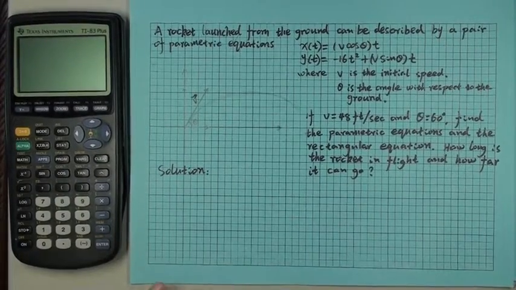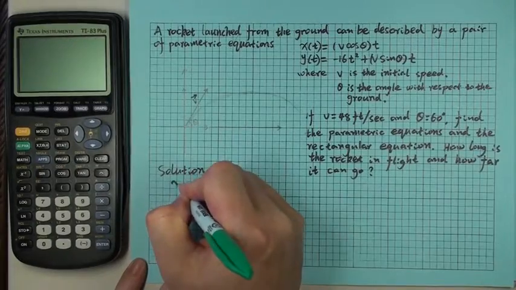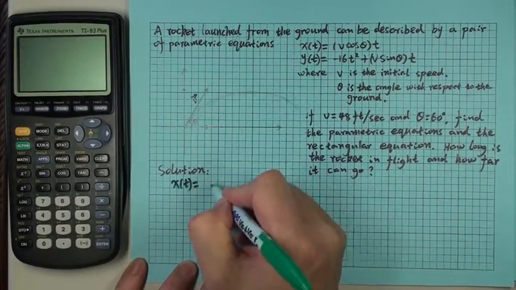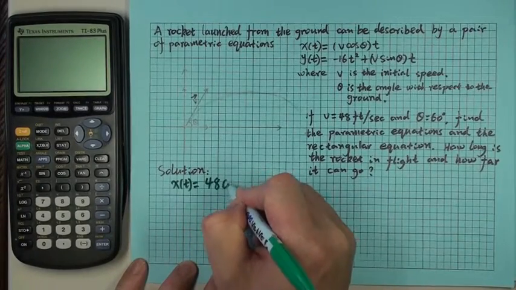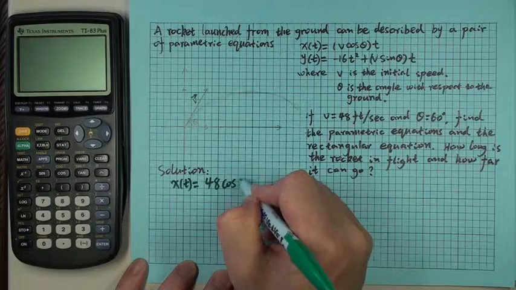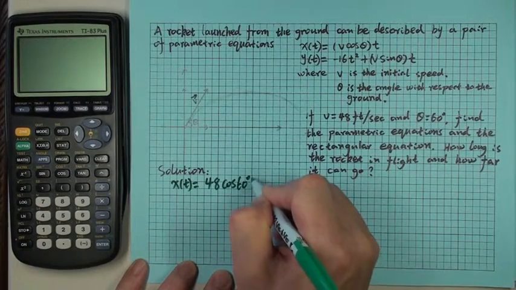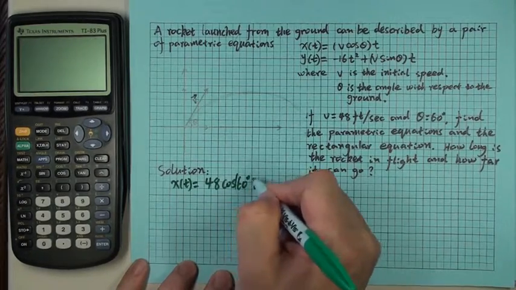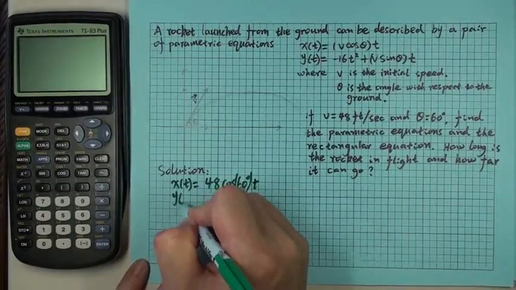We have x of t is 48 cosine 60 degrees times t, and y of t is negative 16t squared plus 48 sine 60 degrees times t.